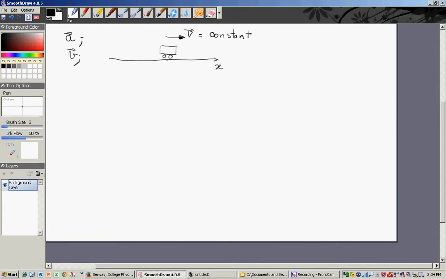So the velocity is constant. Why is that? Well, you have some friction on the floor. I'm not going to go into detail now, but there is some air resistance. There are all kinds of things going on, and the car is going in a straight line at 65 miles per hour because the engine is burning gasoline, and then you have a thrust that forces the car to move forward.